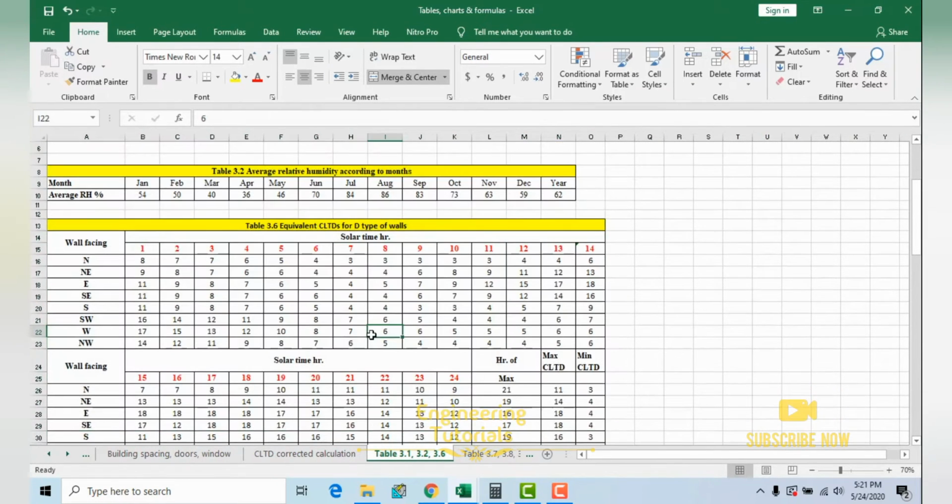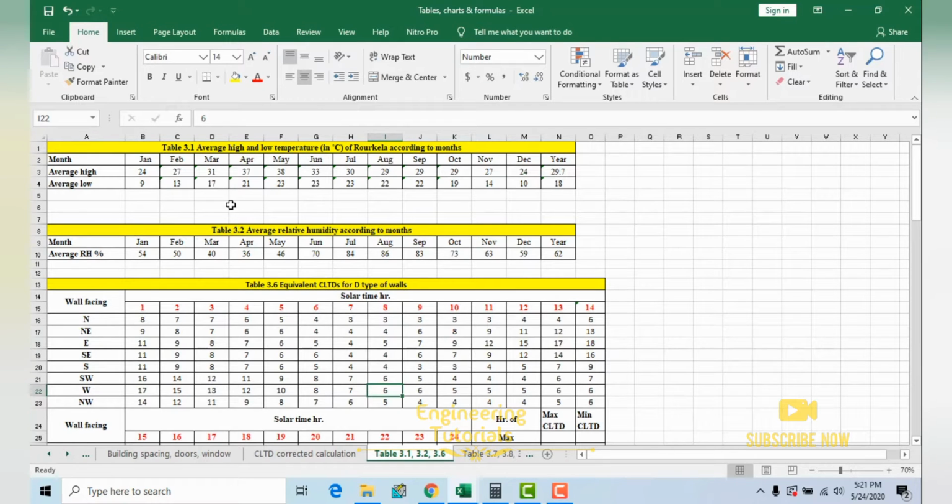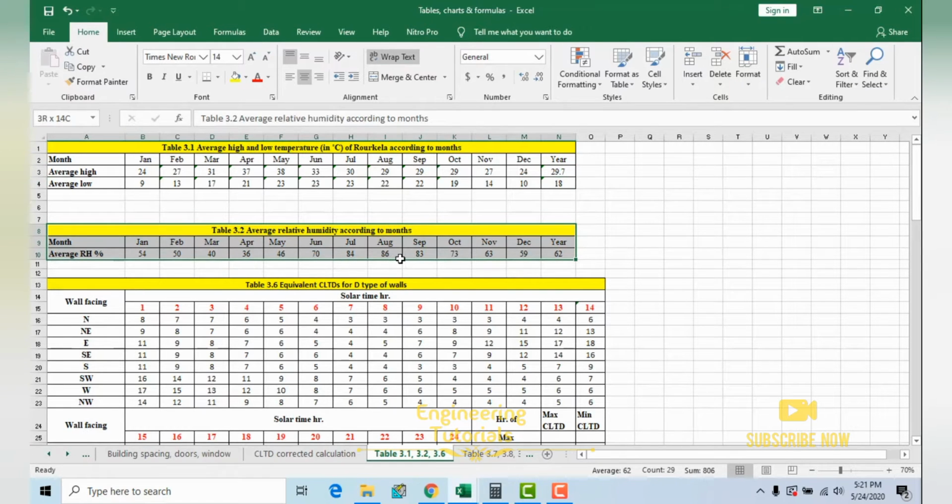You have different temperatures here for Rourkela, India, Odisha. As you can see that the average high temperature is 29.7 degrees Celsius and low is 18, and relative humidity according to months is given as, if you remember that summer design dry bulb temperature is 43 with relative humidity 46%.